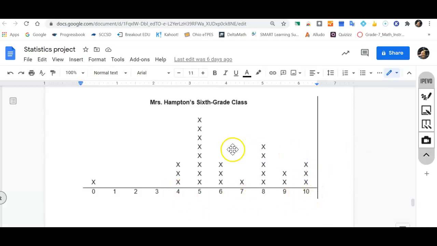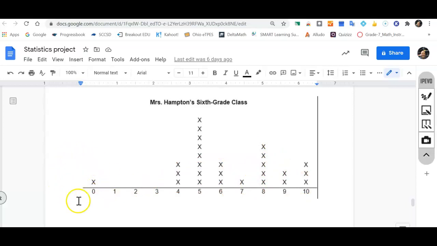Would you say it has a high variability or a low variability? What do you think, Lorelai? High variability? Depends on what we're talking about here, right? We're talking about test scores. Yeah, they're kind of spread out. We'd like to see a group further down here.